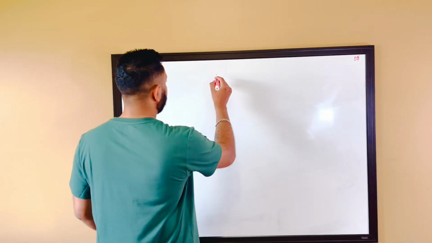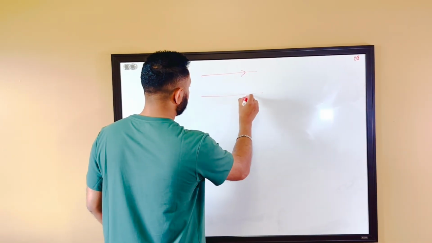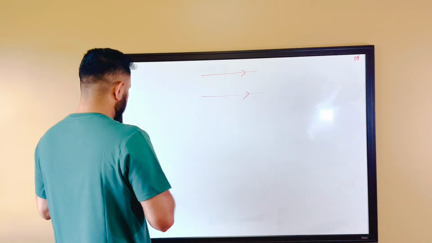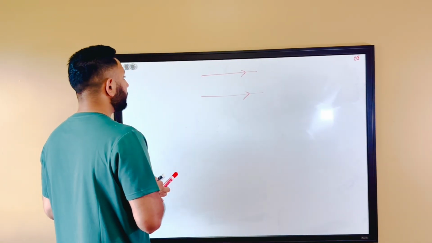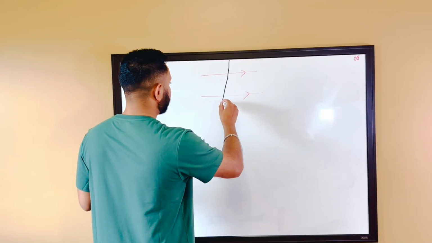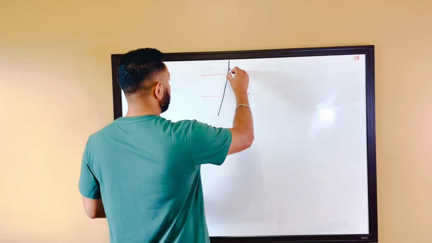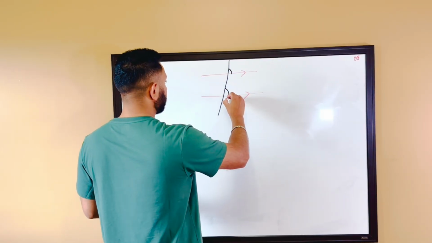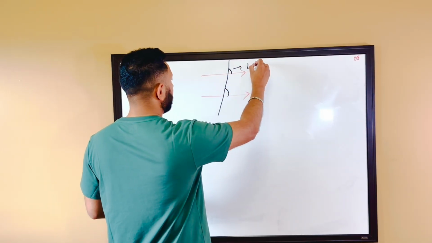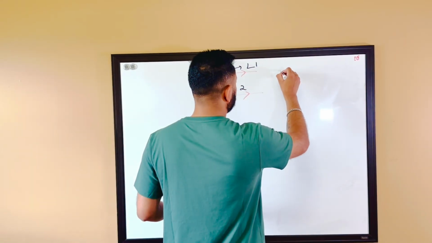So if these are two parallel lines and a transversal line passes through it, so this angle, like angle 1 and angle 2, they are the corresponding angles.